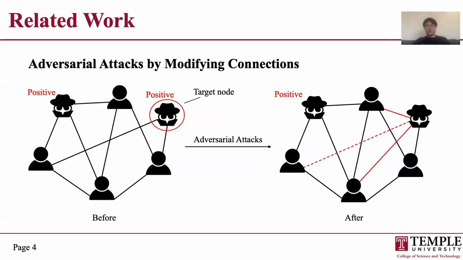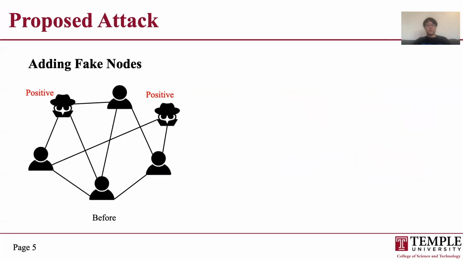The figure on the right-hand side is the graph after the adversarial attack. The red dashed line means the attacker removes the edge, and the red solid line means the attacker inserts new edges between nodes. After such modification, the node classification system will mistakenly classify the positive target node as negative, evading the node classification system.